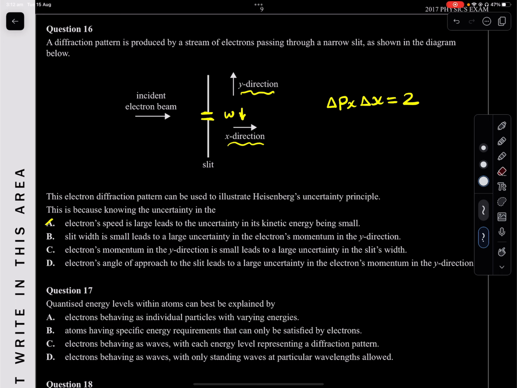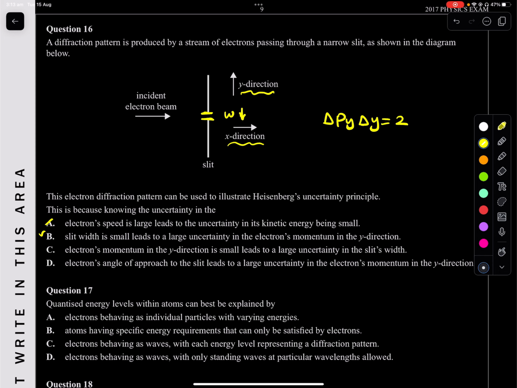B looks very correct. Let's look at the formula: change in p_y times change in y is equal to, let's say, 2, a constant. Because the slit width is small, the change in y becomes small. What happens?